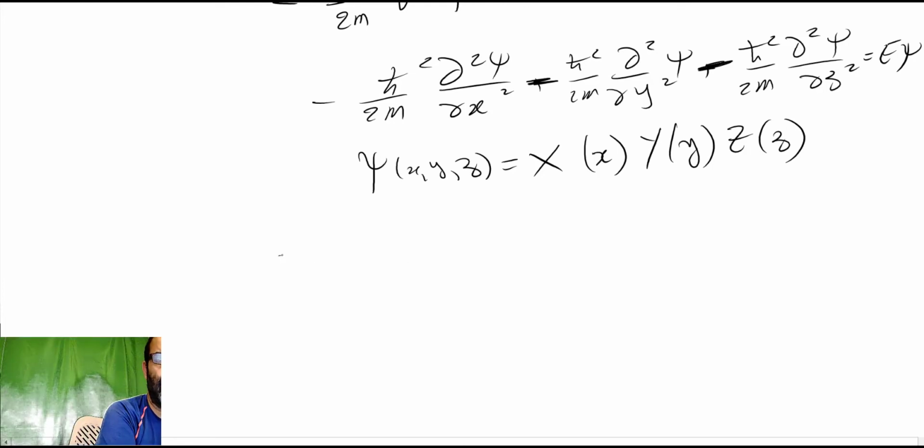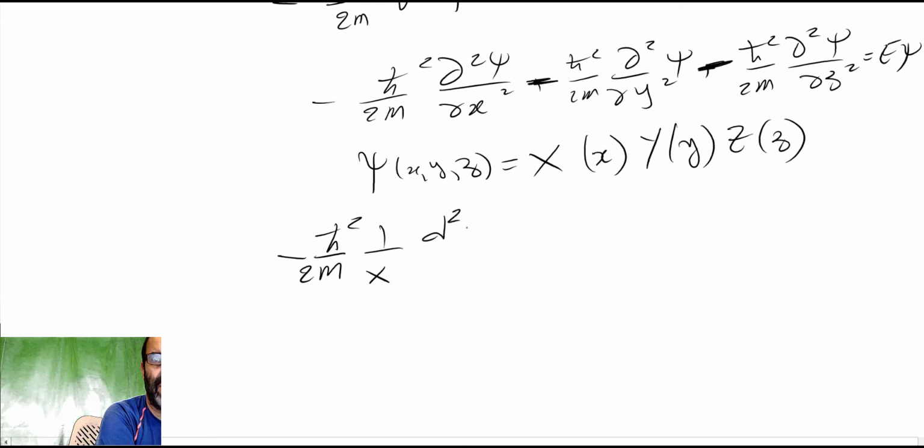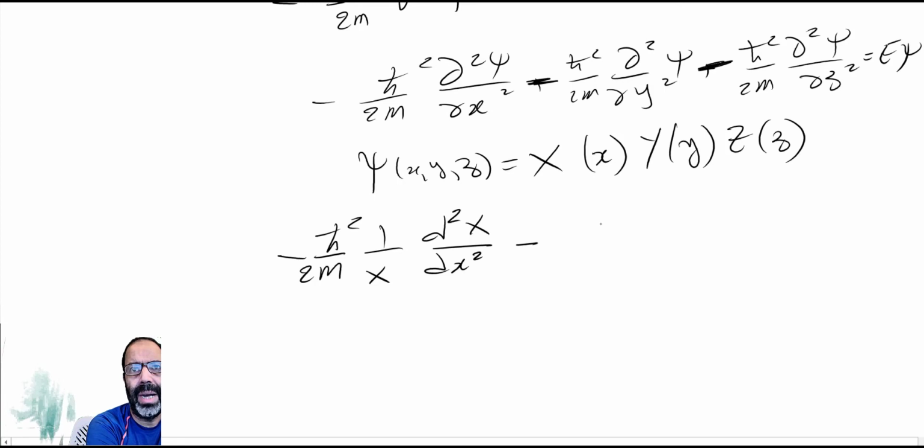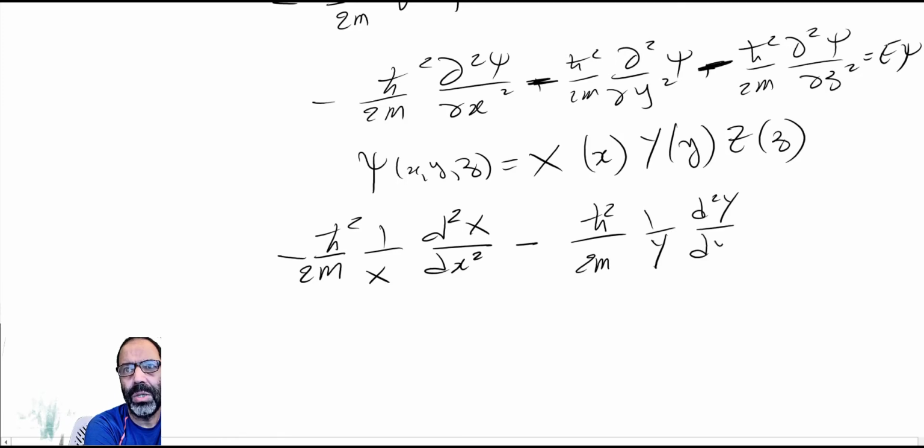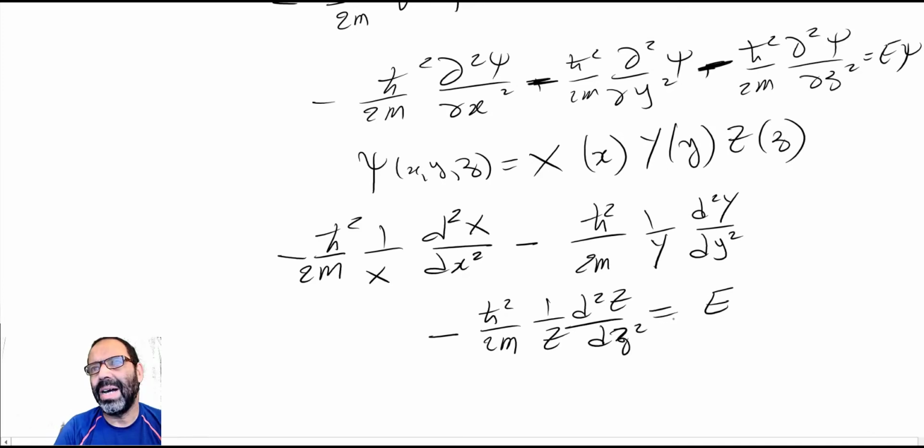So this is what the result is going to look like. Minus h bar squared over 2m, 1 over X, the regular derivative of X with respect to x, because X only is a function of a single variable x, minus h bar squared over, again, 2m divided by Y, in this case, the derivative of Y with respect to y, and then minus, not partial, I'm sorry, straight derivative, h bar squared over 2m, again, 1 over Z, the derivative of Z with respect to z, is equal to E, because I divided by psi, basically.